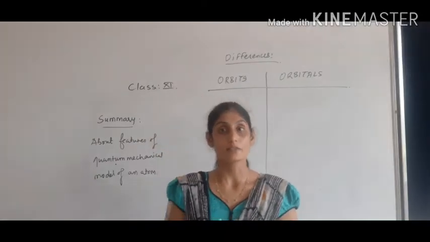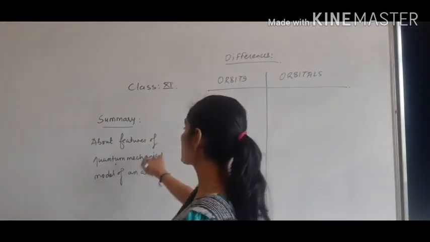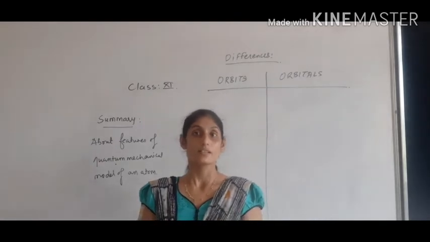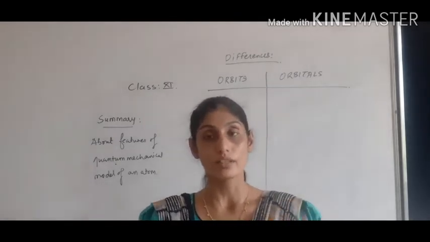Good morning class. In the last lecture we learned about the features of the quantum mechanical model of an atom. We learned that the energy of the electron remains quantized.